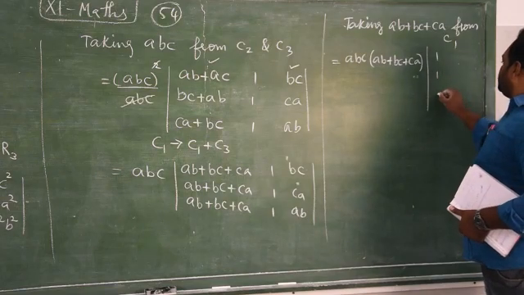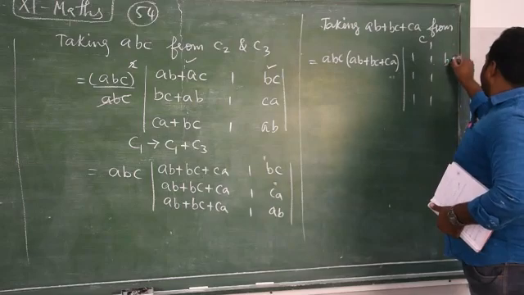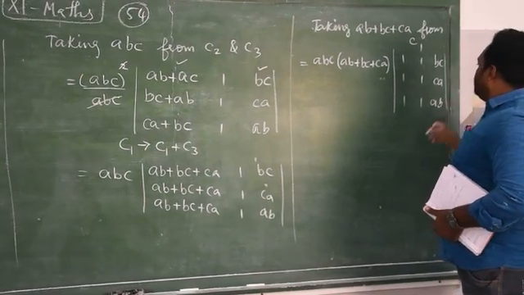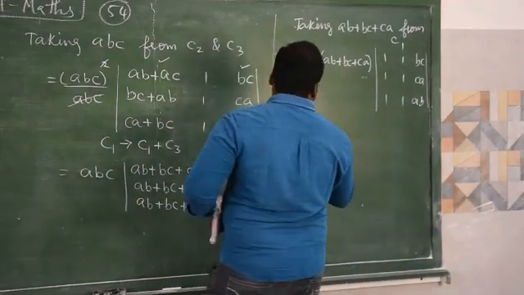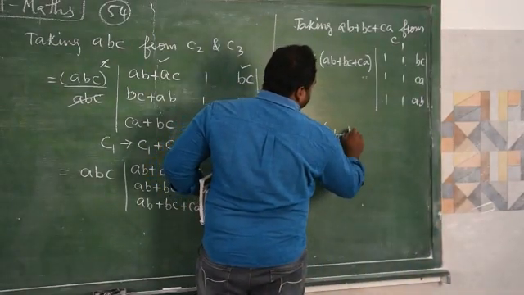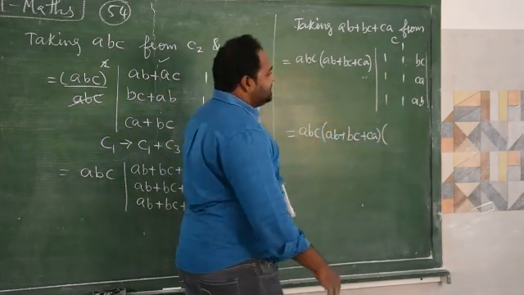So this came out, remaining 1, here 1, 1, 1, here BC, CA, AB. Now look at this determinant.